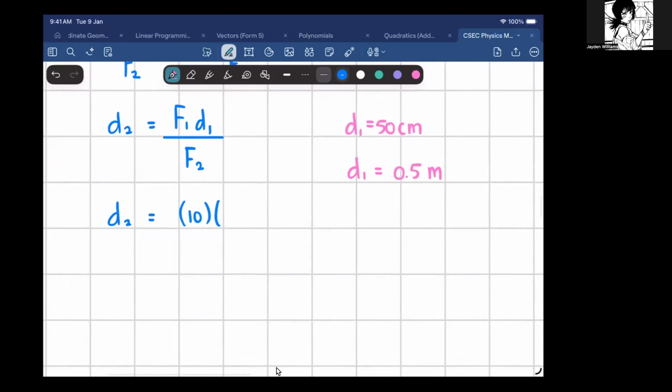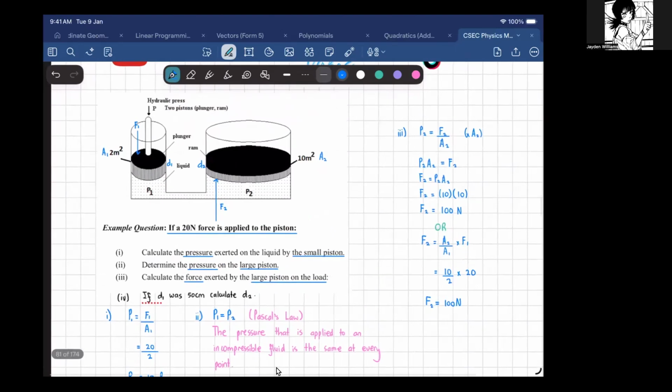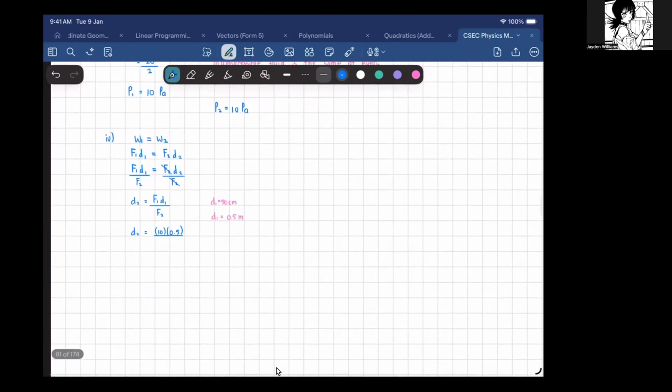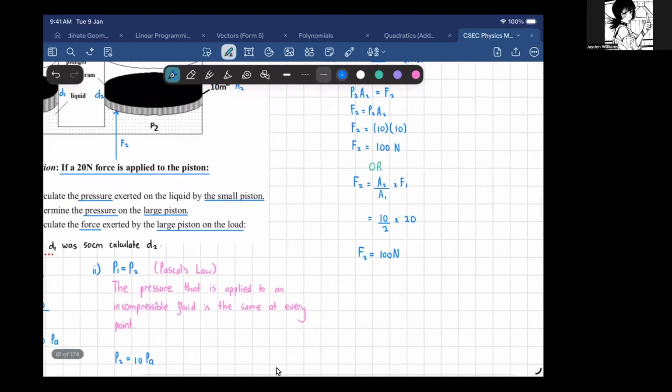Nice. So I'll say 10 by 0.5 all over F2. What was F2? Oh no, we're supposed to find that. Did we find that? Yeah, we did. F2 was 100 newtons.